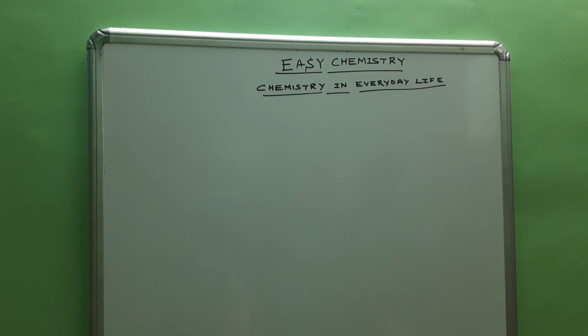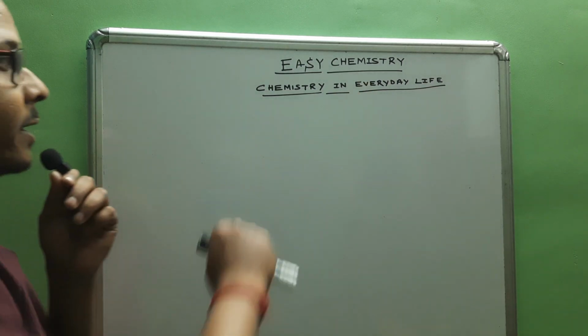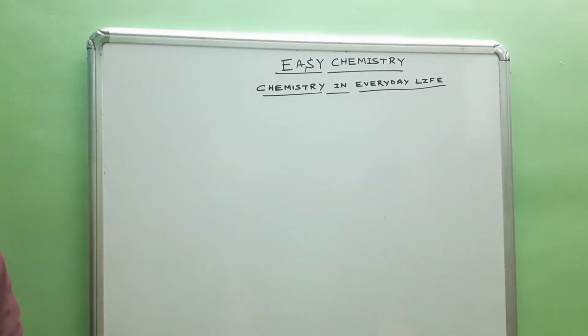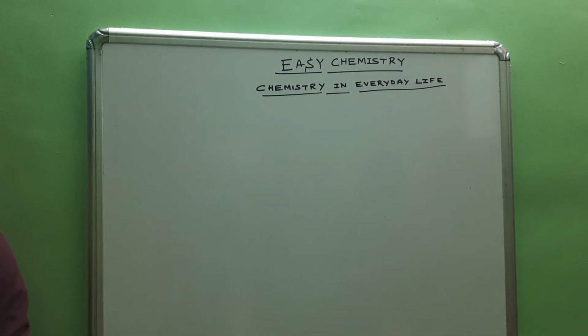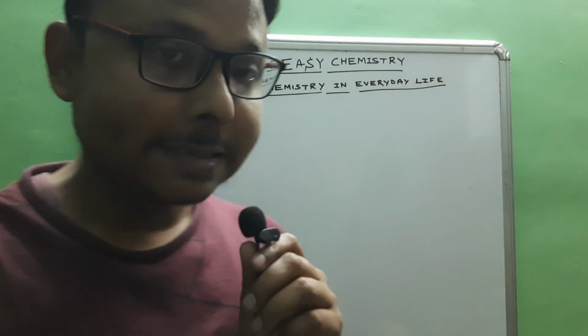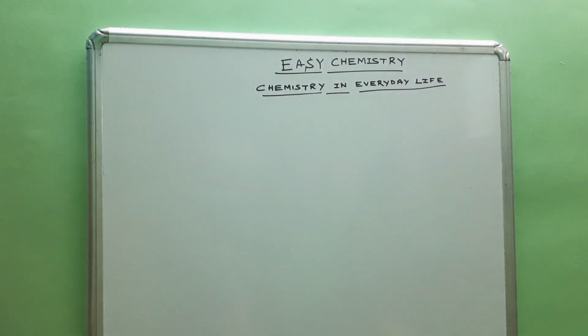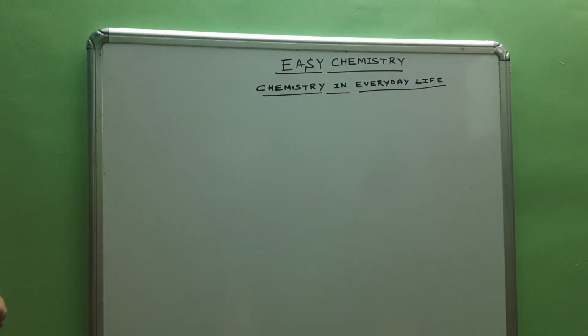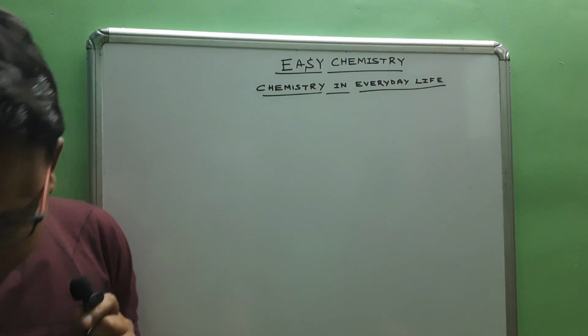So, our topic of discussion in today's class is chemistry in everyday life, and this subject is very important for MCQ type questions in competitive exams at +2 level and in any entrance exam in the engineering and medical fields.